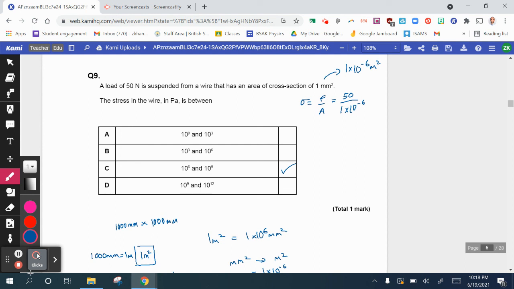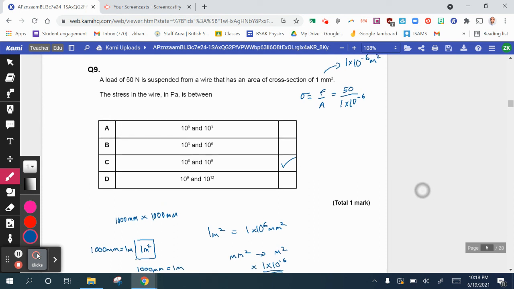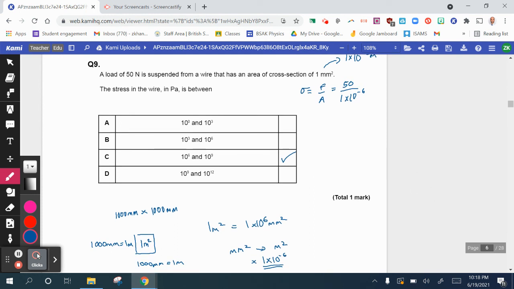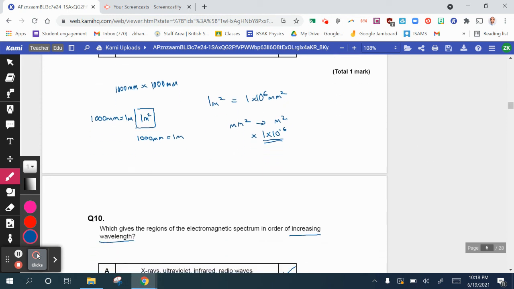You can do this calculation and you'll actually see the answer will fall within these two powers. From just looking at that, I can see that that's the same as multiplying by a million. So that'll be 50 million, so 5 times 10 to the 7. None of those falls below 10 to the 6, and it's not above 10 to the 9 either.